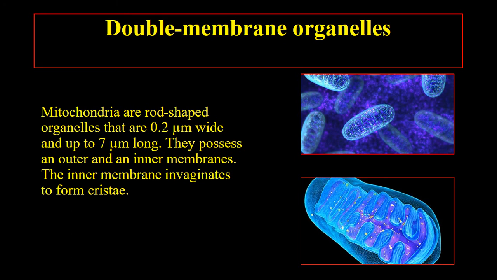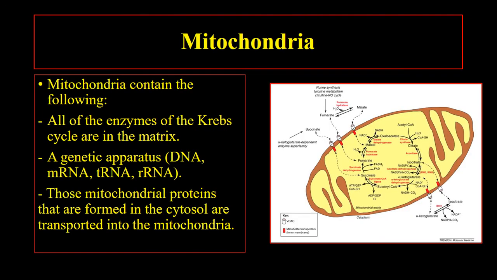The outer membrane also contains enzymes involved in such diverse activities as the elongation of fatty acids, oxidation of epinephrine, and the degradation of tryptophan. The mitochondrial intermembrane space is the space between the outer membrane and the inner membrane. It is also known as the perimitochondrial space.